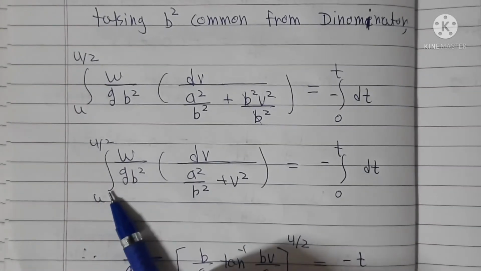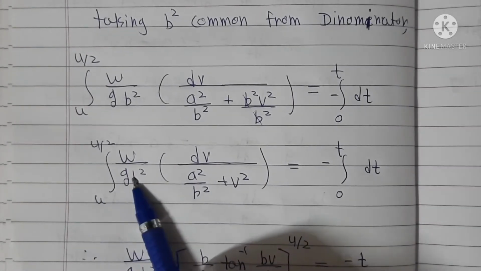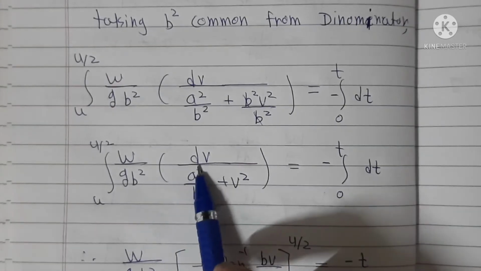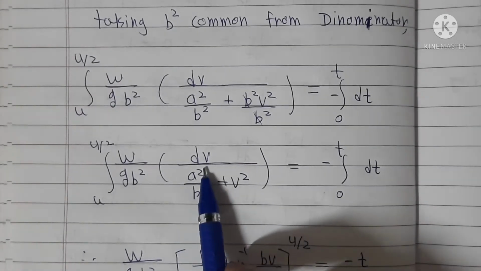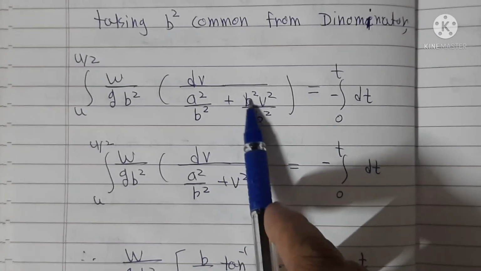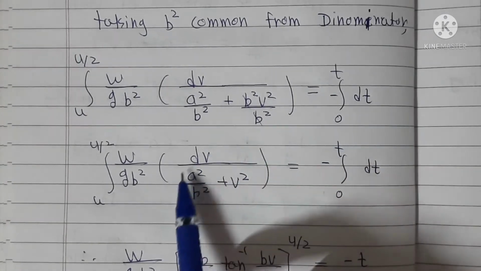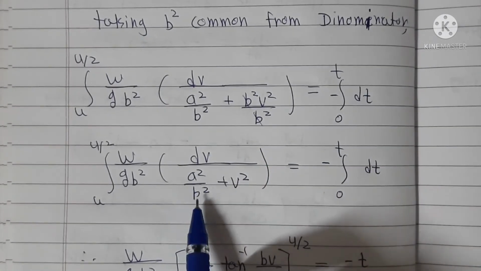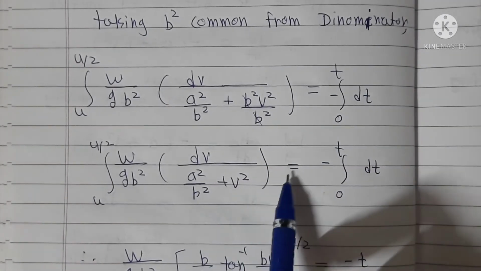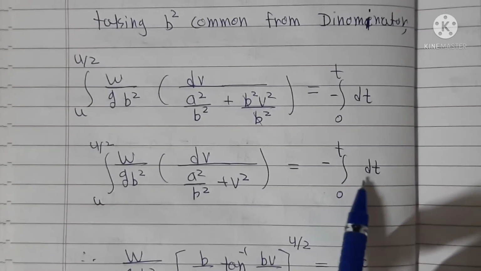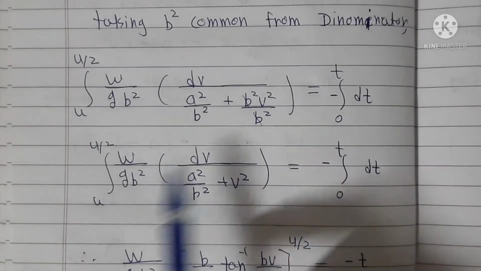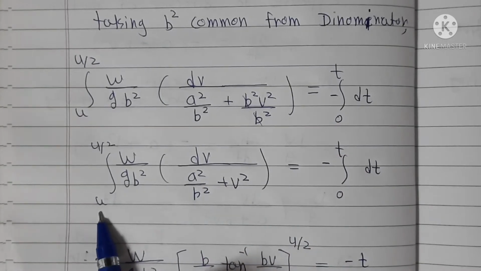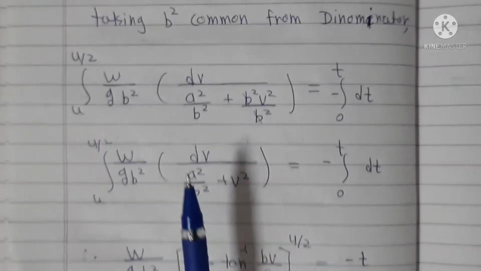The b square gets cancelled, so dv upon a square upon b square plus v square is equal to minus the integration of dt from 0 to t, with velocity u to u upon 2.